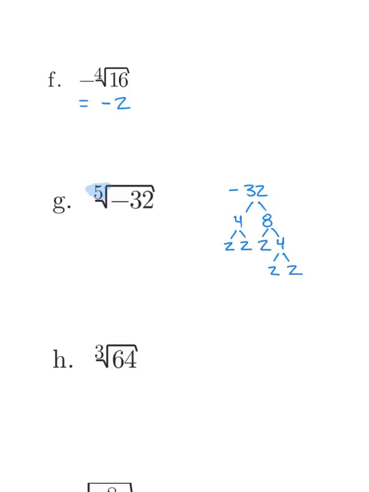And 4 is equal to 2 times 2. Since we are dealing with a fifth root, I want groups of 5, and I do have one group of 5 2's. So the fifth root of negative 32 is going to be negative 2.